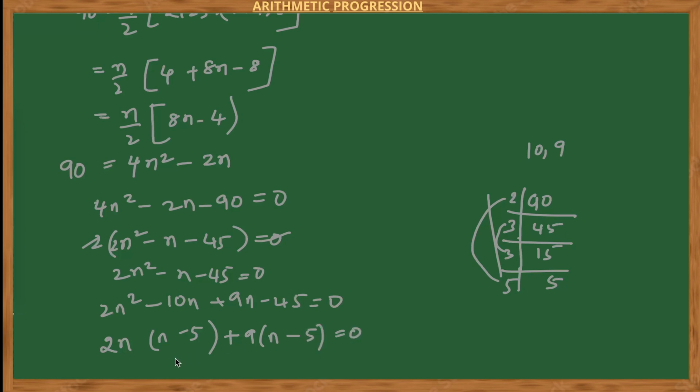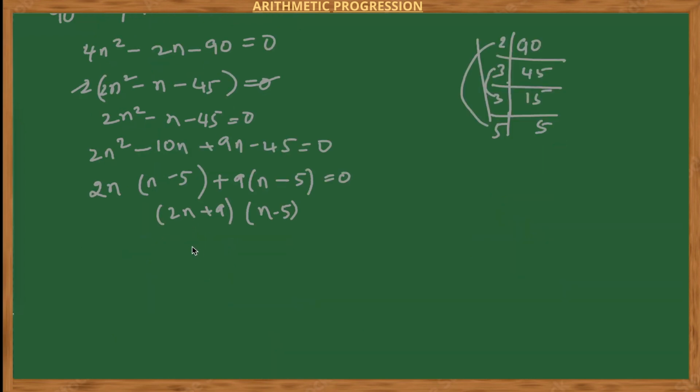So here we can find 2n plus 9 and n minus 5. So 2n plus 9 is equal to 0, 2n is equal to minus 9, n is equal to minus 9 by 2.